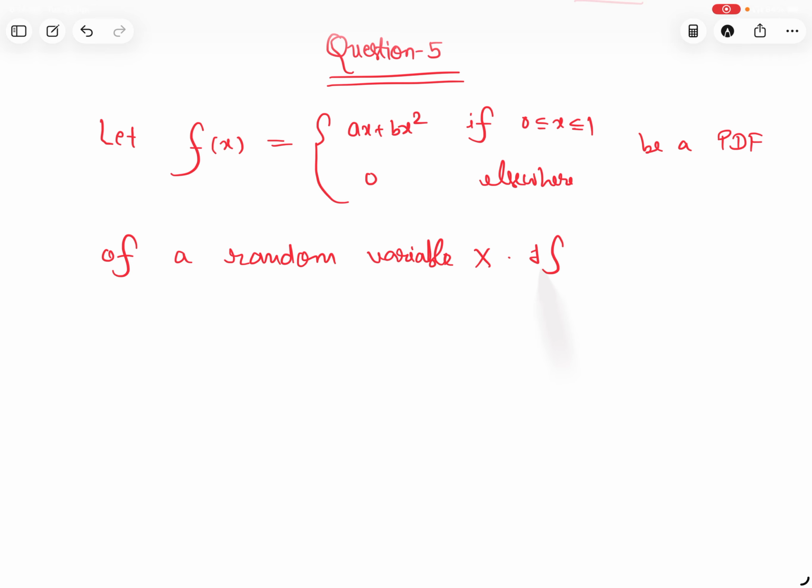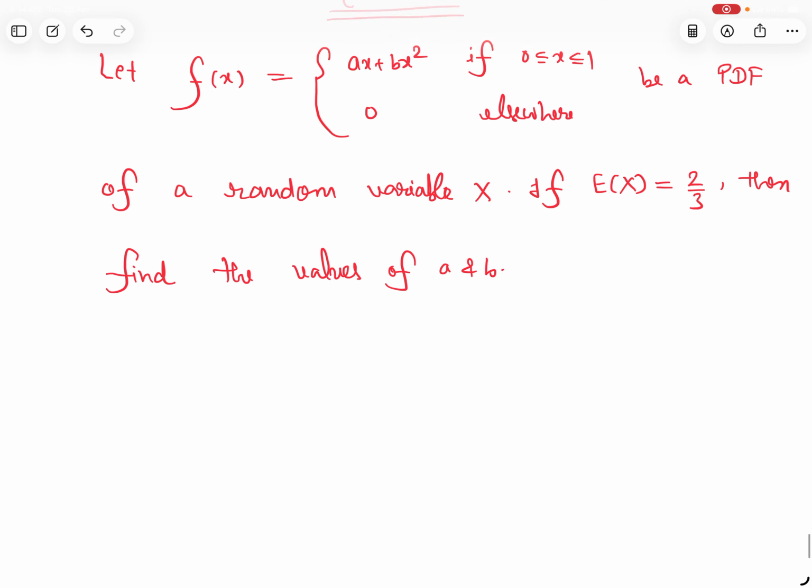If the expectation of x is 2 by 3, then find the values of a and b. Let's see its solution.